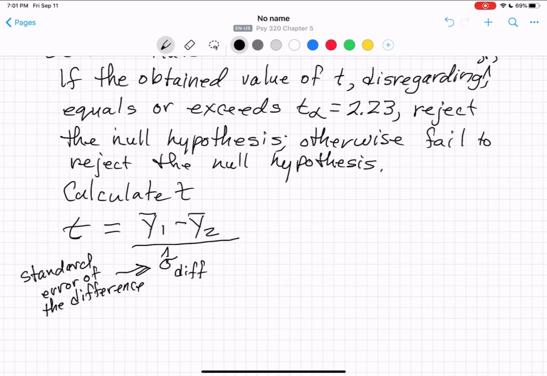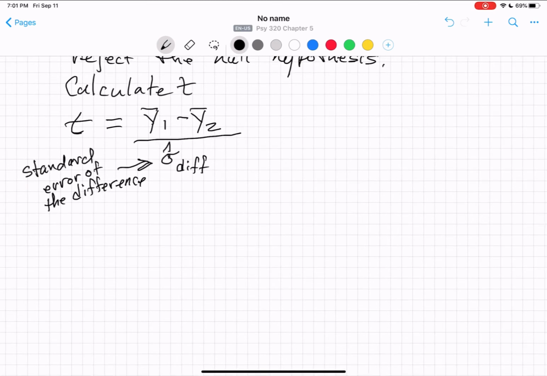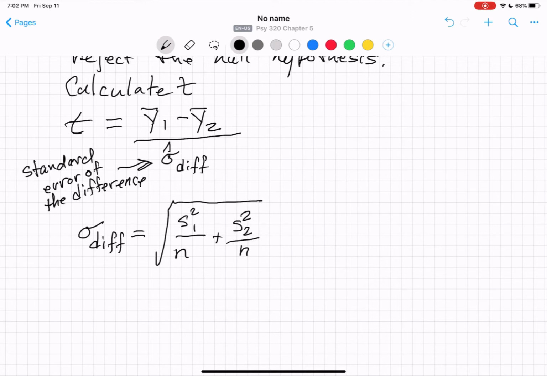All right, so I'm going to go ahead and calculate the standard error of the difference first, because that is the most complicated part. The formula for that is the variance for group 1 over n plus the variance of group 2 over n, and we're going to take the square root of that. Okay.